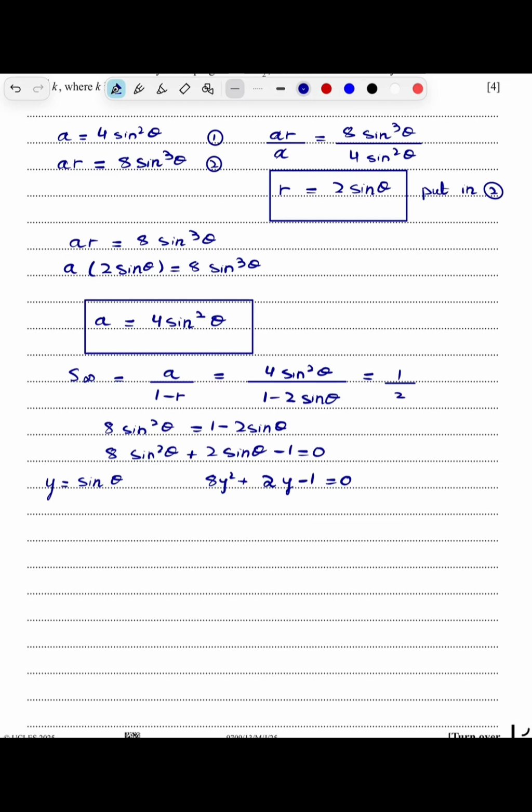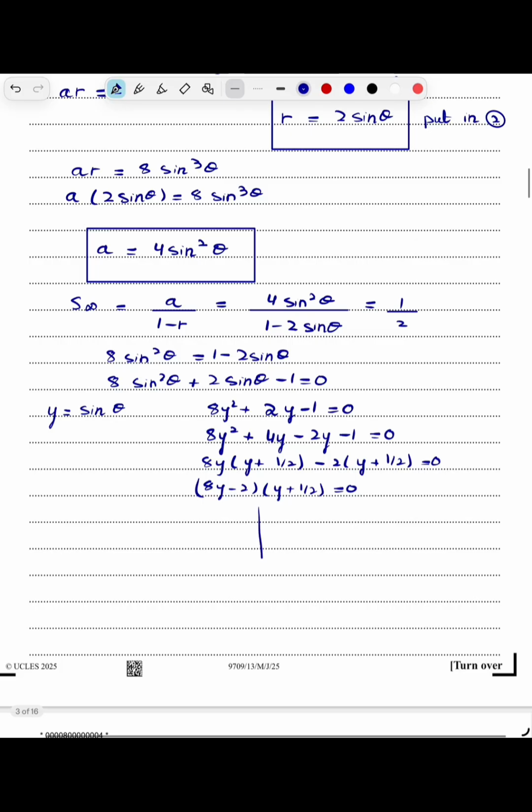We can do midterm breaking, or basically factorization. 4 twos are 8, right? So 8y square plus 4y minus 2y minus 1 is equal to 0. So we get 4y times 2y plus 1 minus 1 times 2y plus 1 is equal to 0, so 4y minus 1 multiplied by 2y plus 1 is equal to 0.